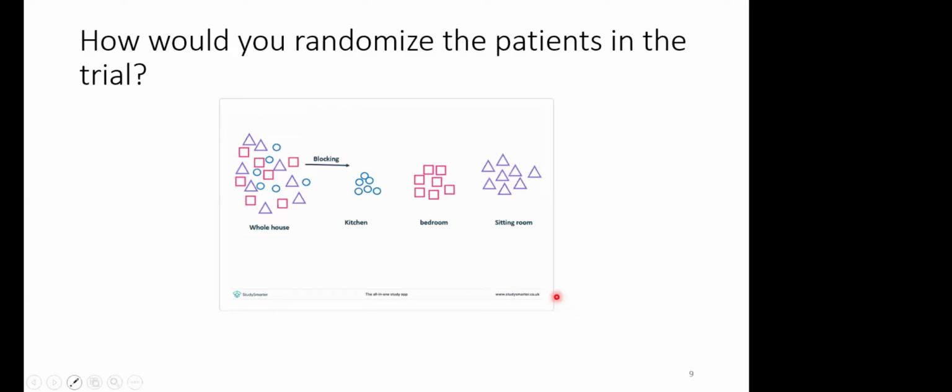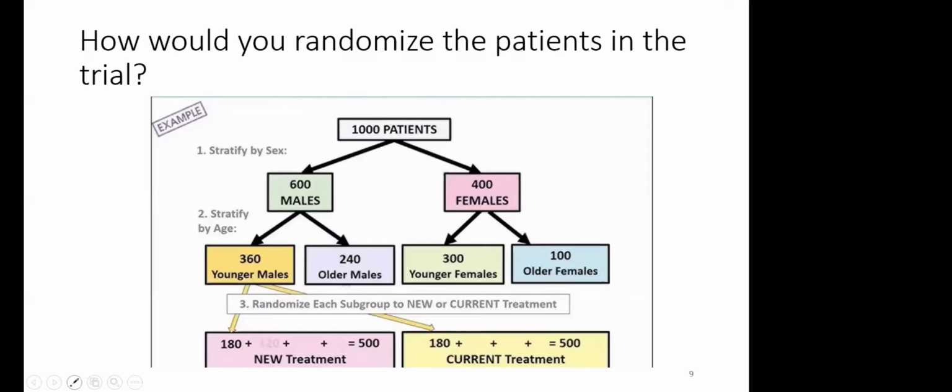And then it also helps prevent a mismatch of important characteristics among the patient groups. Then we can also do stratified random sampling. So participants are usually first divided into strata. So from this example, you can see here they're stratified by sex.